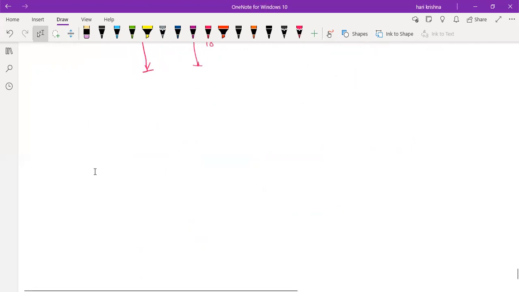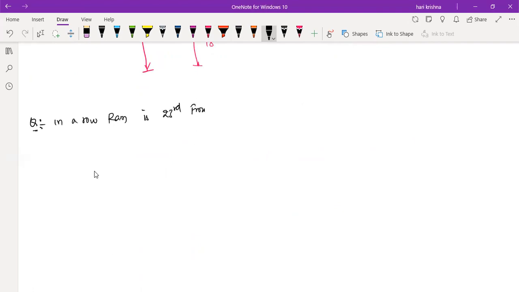So one more question. In a row, Ram is 23rd from left and Rohan is 19th from right.